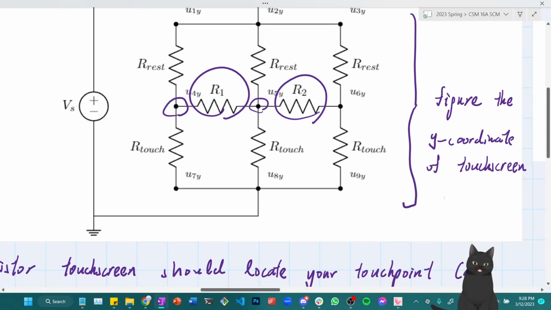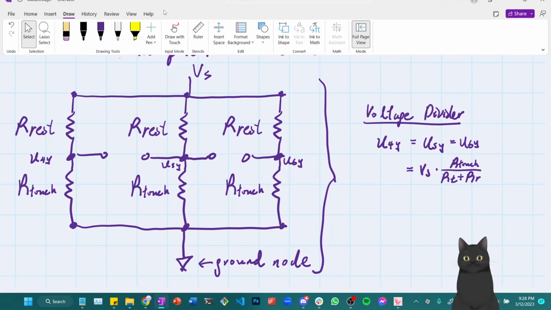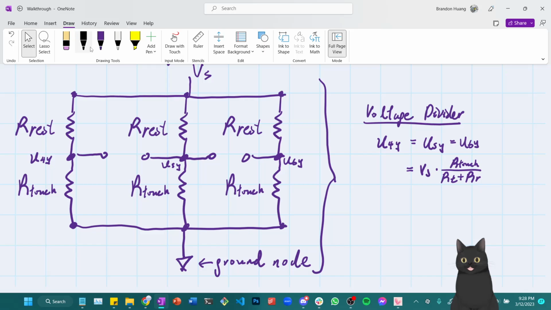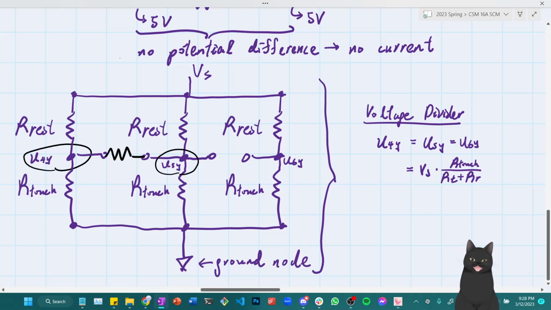Alright, so what if I add the resistors back into the open circuit now? If I add the resistors back, then what happens is, because U4y and U5y still have the equivalent amount of voltage, there's actually going to be no current flowing through the resistor in the middle.